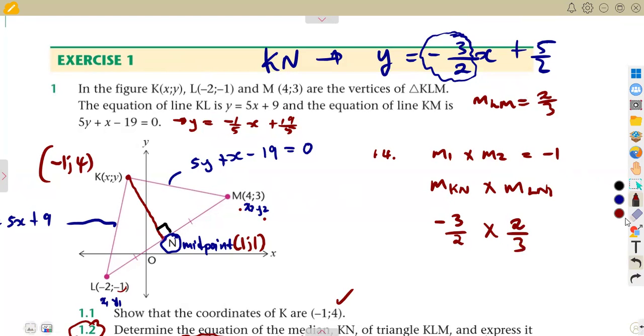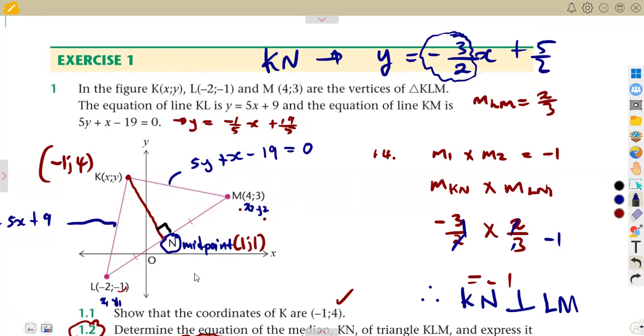All right, if you use your calculator, that is going to give you -1. So as we can see, we are obtaining -1. Therefore, these two lines are perpendicular. So KN is perpendicular to LM.